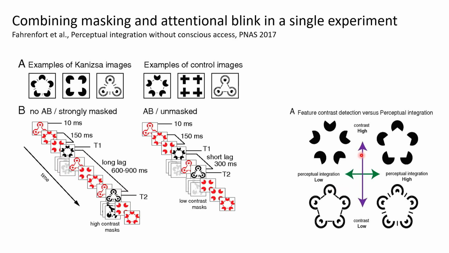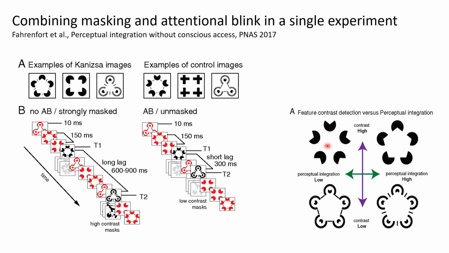Now they looked at different contrasts in the EEG signals. For one thing, the low-level feature contrast, like this is where the luminance contrast is fairly low, and this is where the luminance contrast is higher. So this is of course a very low-level visual feature. So they wanted to see whether you could extract that information from the EEG signals. But of course, the important one was the perceptual integration.